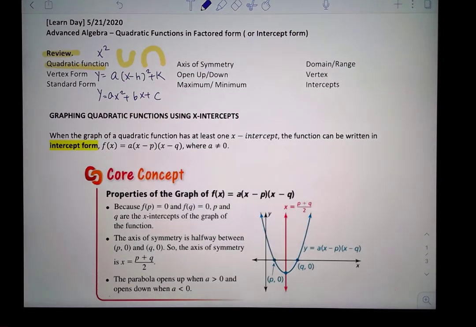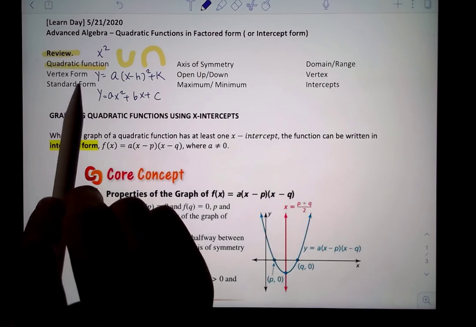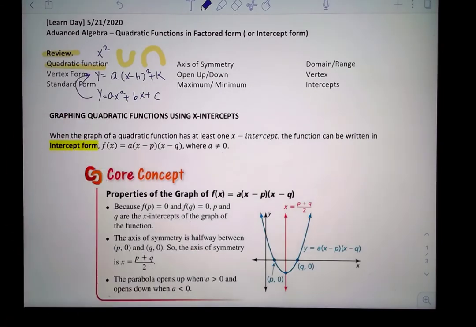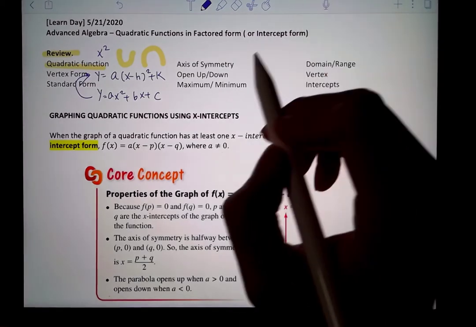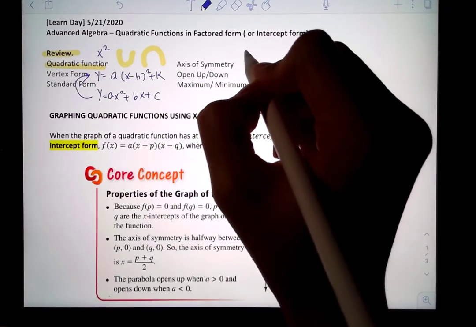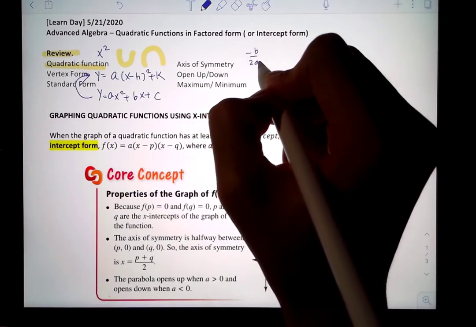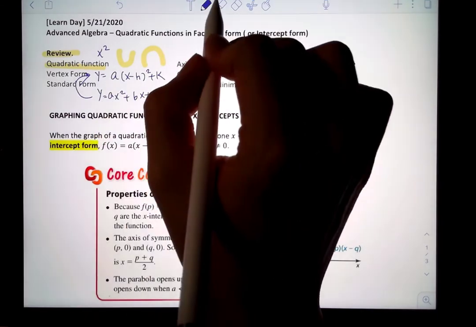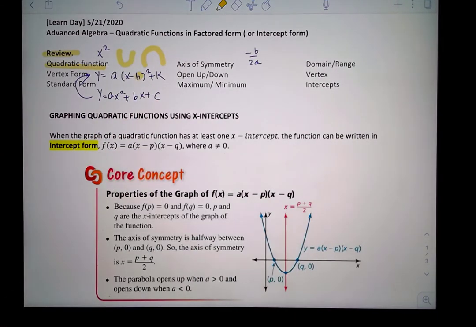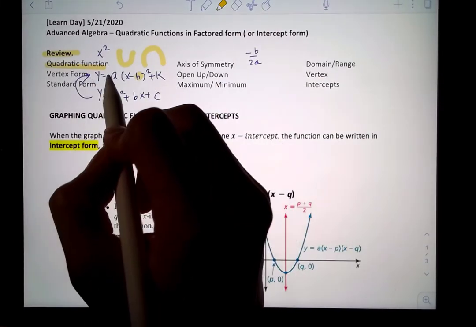So we learned how to convert from standard form to vertex form, using negative b over 2a. And the axis of symmetry, from the standard form, is negative b over 2a, or from the vertex form, h is your axis of symmetry. And whether it opens up or down, we can get from a.